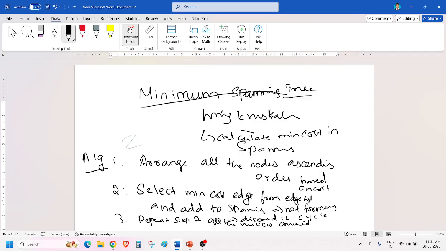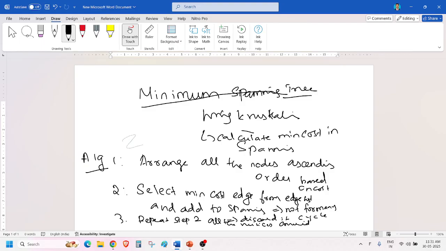Second step, select the minimum cost edge from the edge list and add it into the spanning tree. The very important point is that it should not form any cycle. This is a very important property we have to follow in Kruskal's algorithm. Third step, repeat the step until all the vertices have been covered.